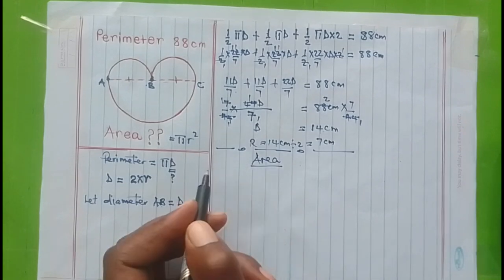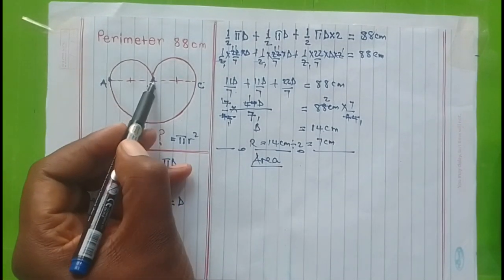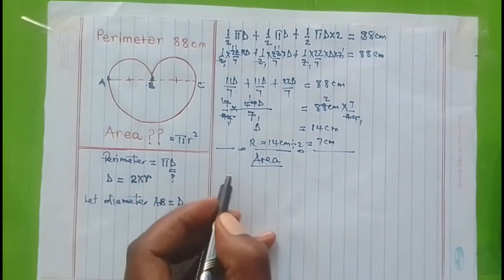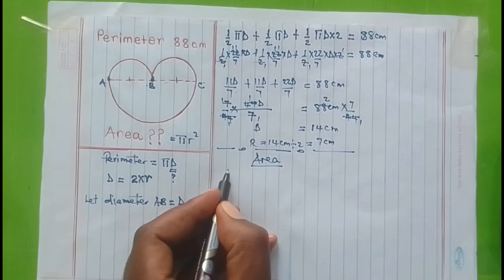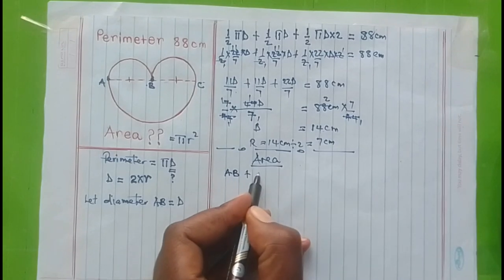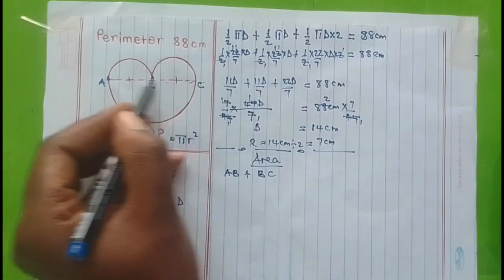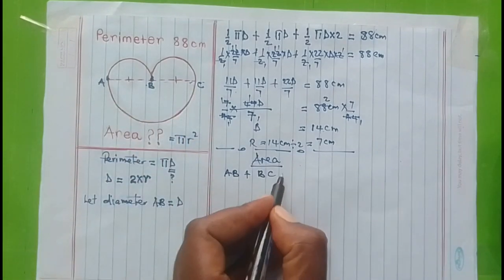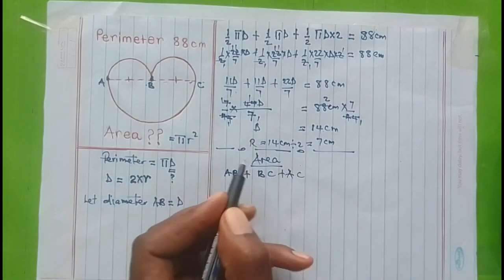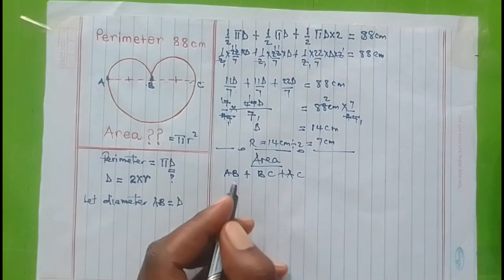Area. We need to know the area of AB. So we are going to get the area of AB, then the area of BC, then the bigger area down, which is AC. When we add all of them, we are going to get the area of the figure given to us.